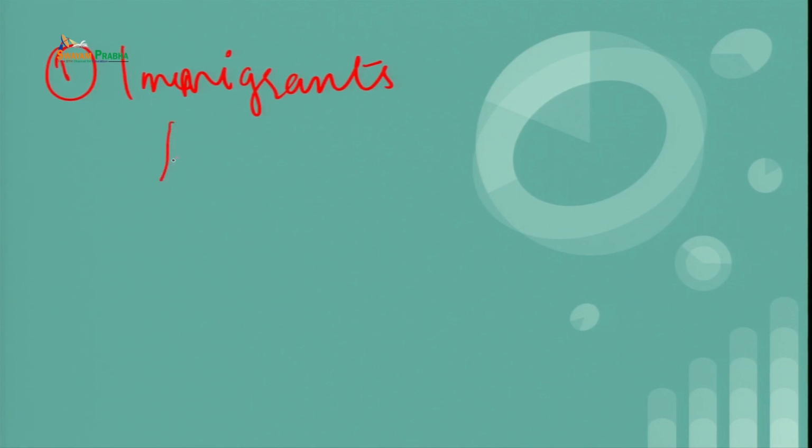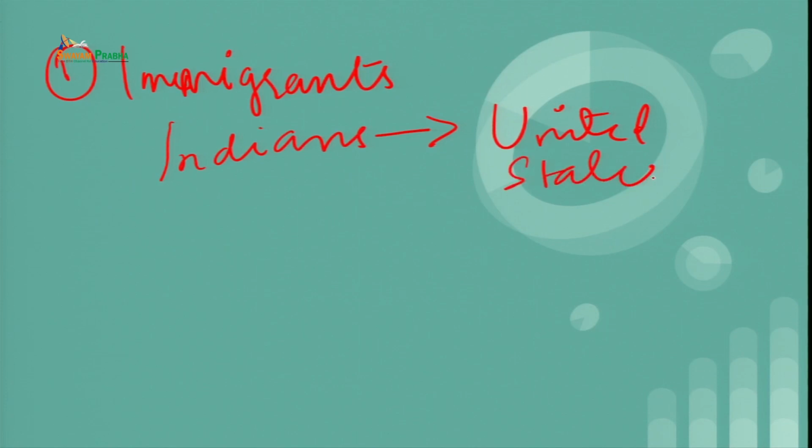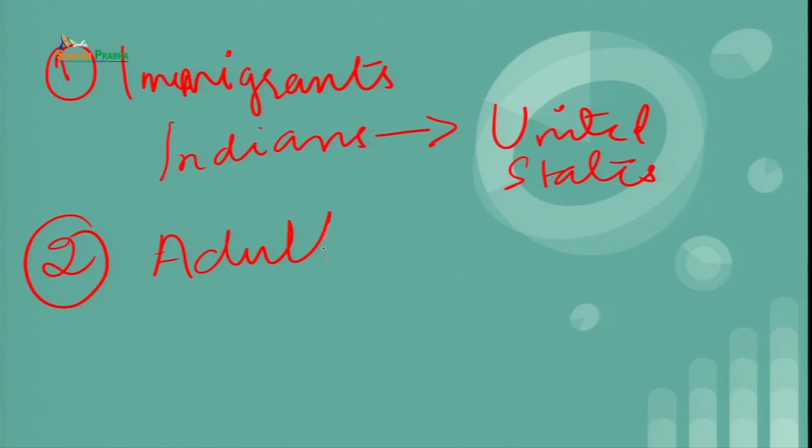They are Indians and they are settled in the United States. Now the point to be noted here is that the learners are adults who work part-time during the day and study English at night.